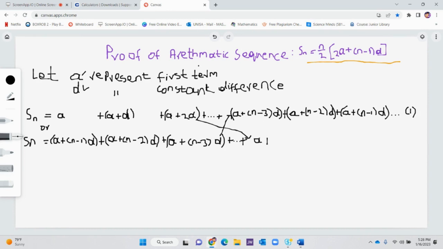A plus 2d, plus a plus d, and the last term being plus a. And this is equation 2.